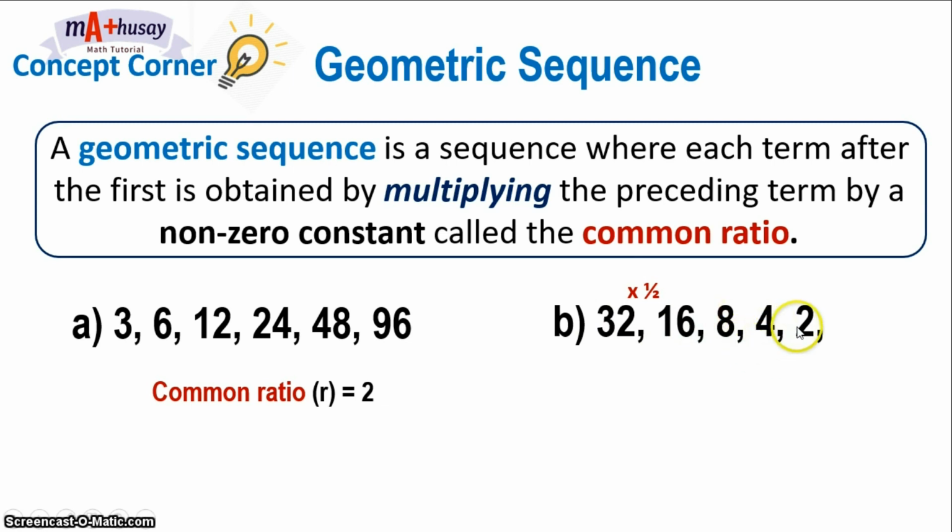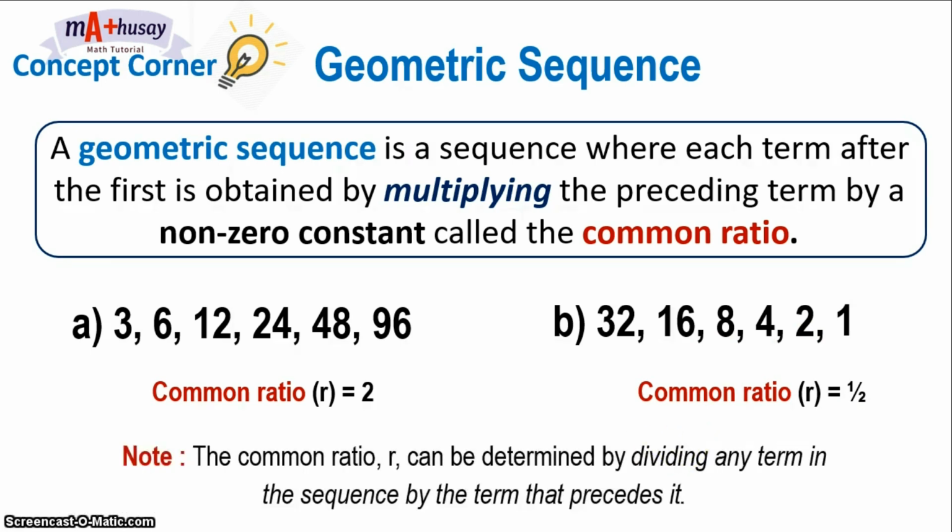And 4 times 1/2, that is 2. So in this case, the common ratio is 1/2. So the next term of the sequence should be 2 times 1/2, and that is 1.